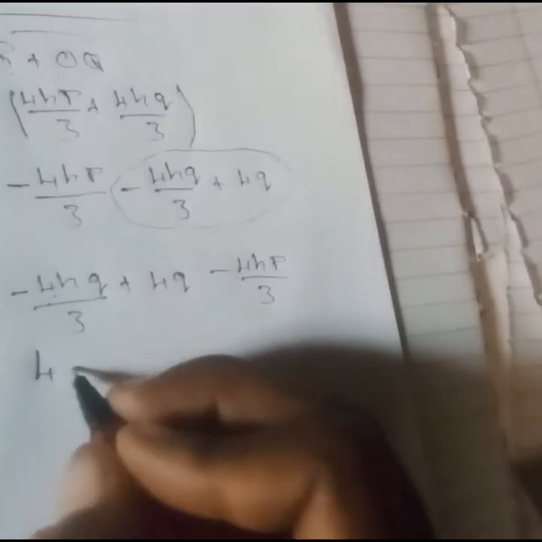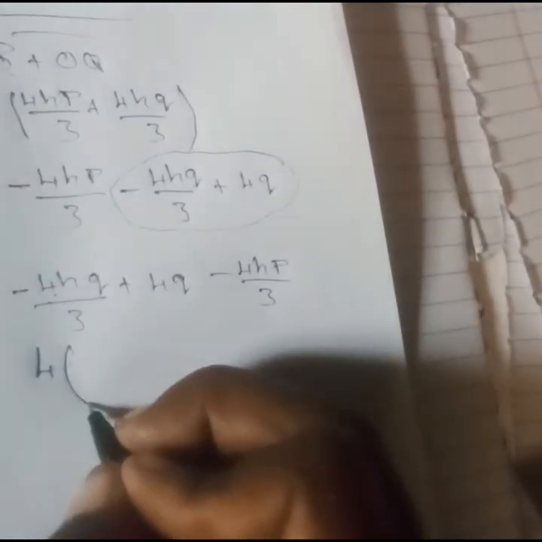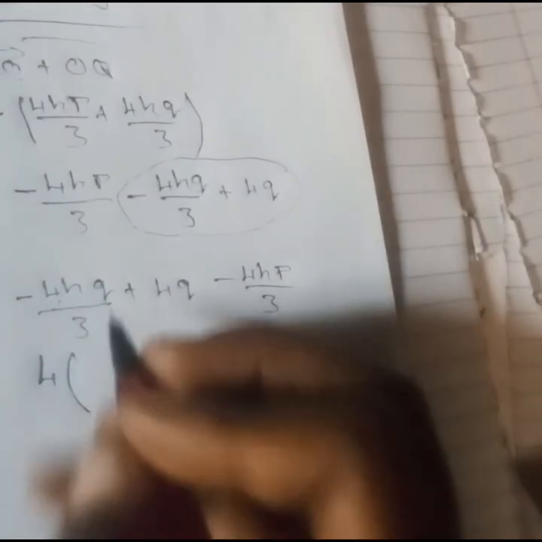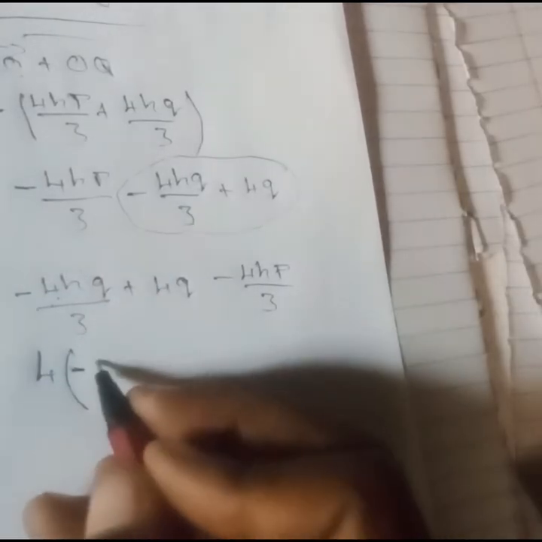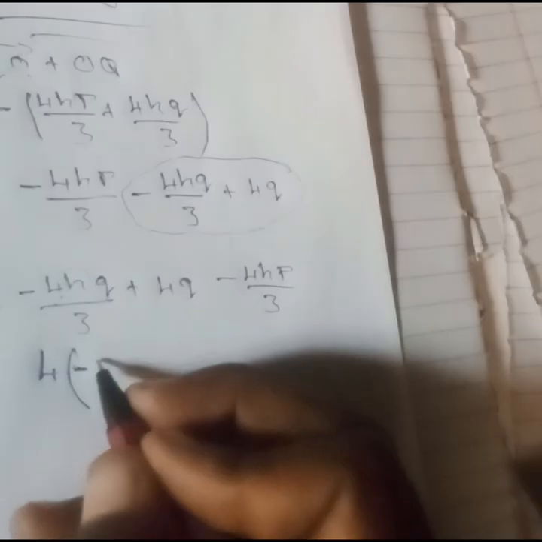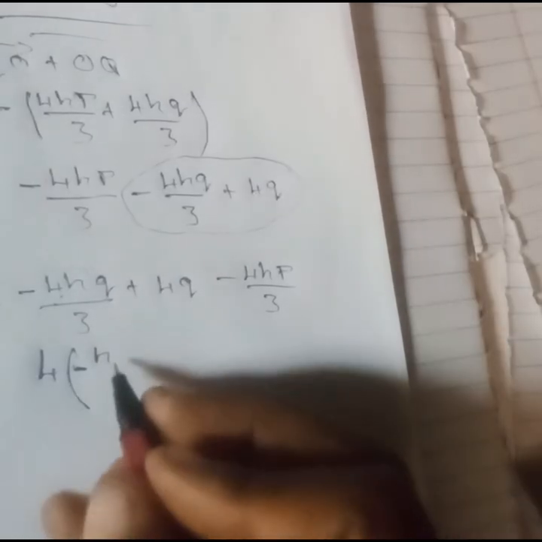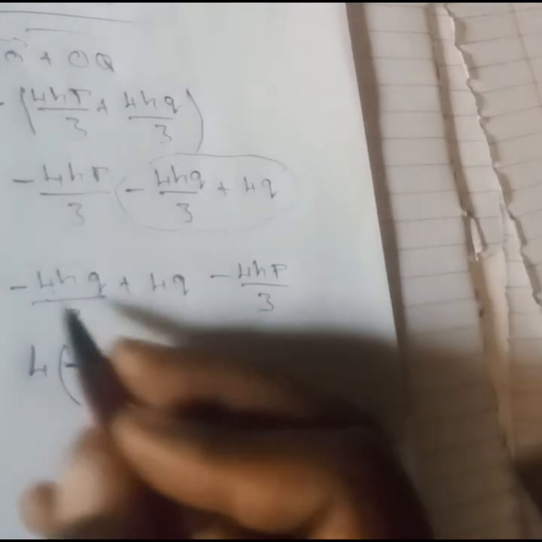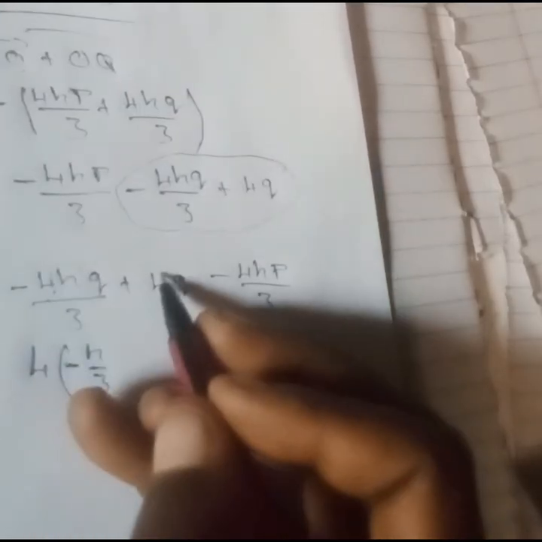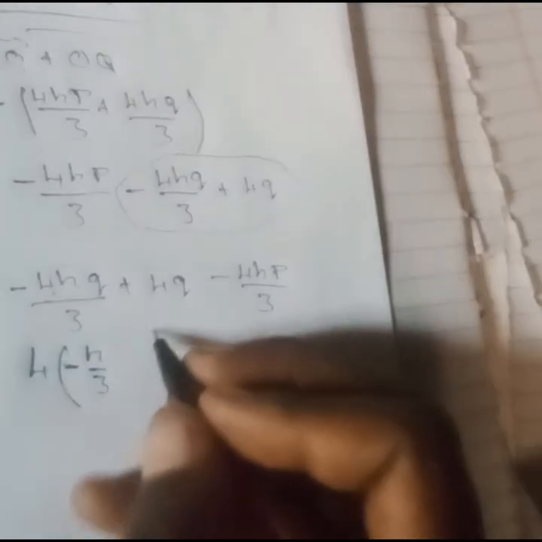So here we are showing. Open brackets, then negative H over 3, then 4 and 4 cancel. Q is common, so it is written outside here.